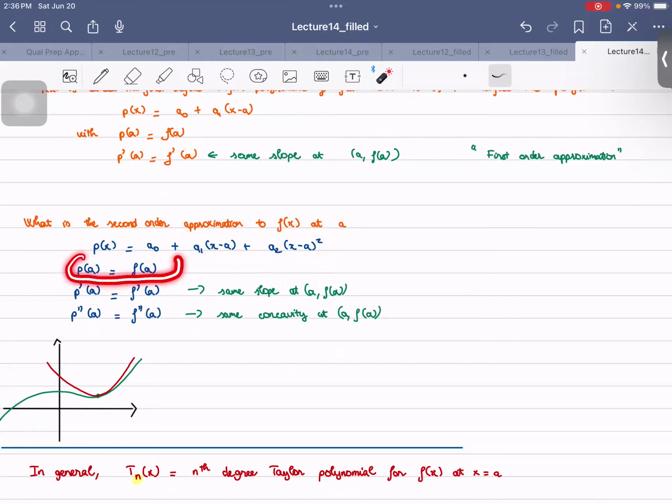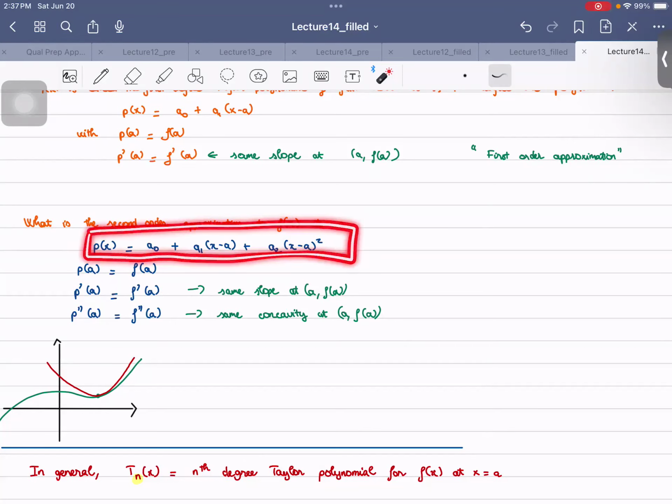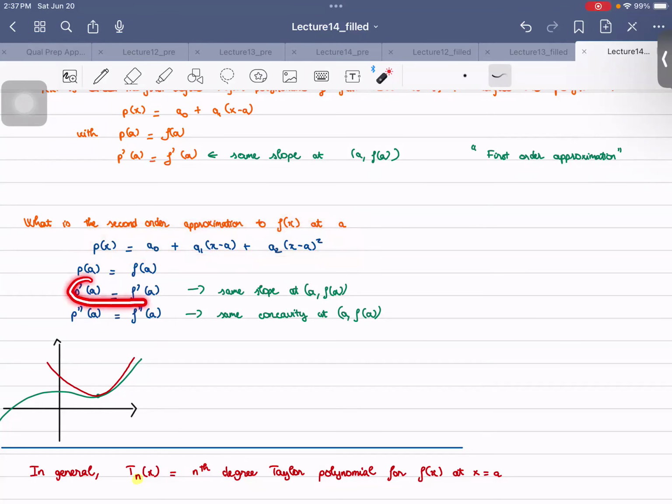The second thing is that it will carry the information of the original function at A, so the output of the polynomial and the output of the function f will be the same at the point A. The polynomial also carries the information about the slope, and more than that, it also carries the concavity of the original function.